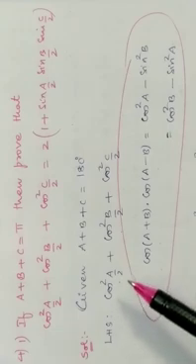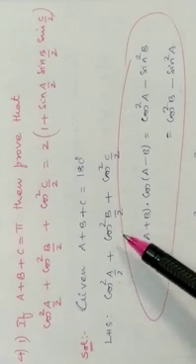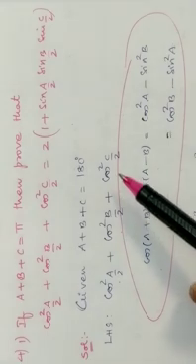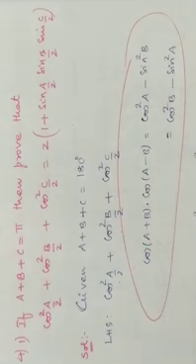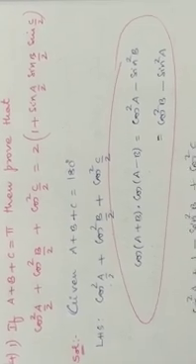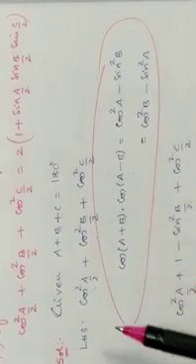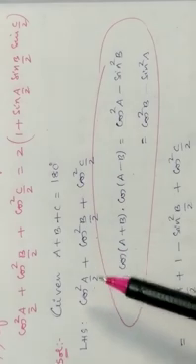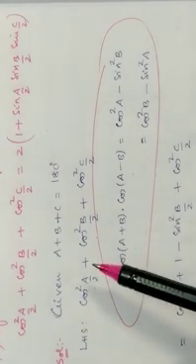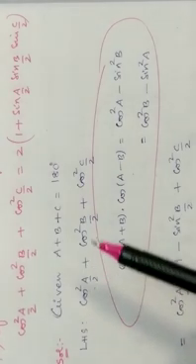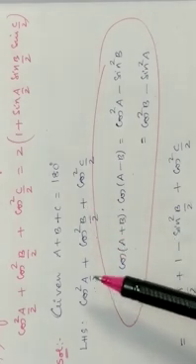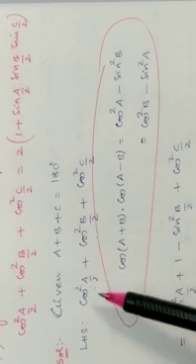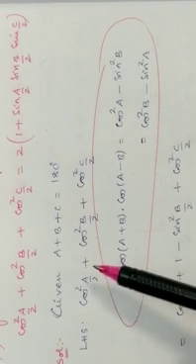Cos square a by 2 plus cos square b by 2 plus cos square c by 2. If you observe, in between the square terms, we are having plus. Two square terms in between plus, we don't have formula.